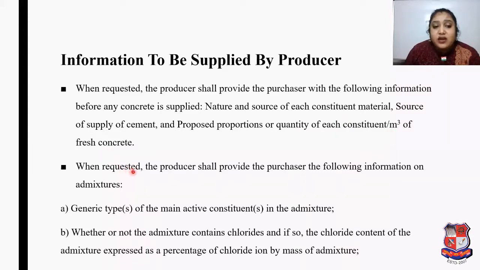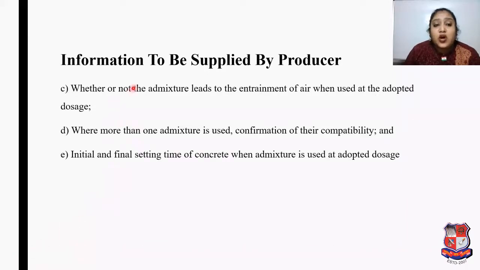When requested, the producer shall provide the purchaser the following information on admixture: the generic type of the main active constituent in the admixture, whether or not the admixture contains chloride, and if so, the chloride content of the admixture expressed as a percentage of chloride ion by mass of admixture, and whether or not the admixture leads to the entrainment of air when used at the adopted dosage.